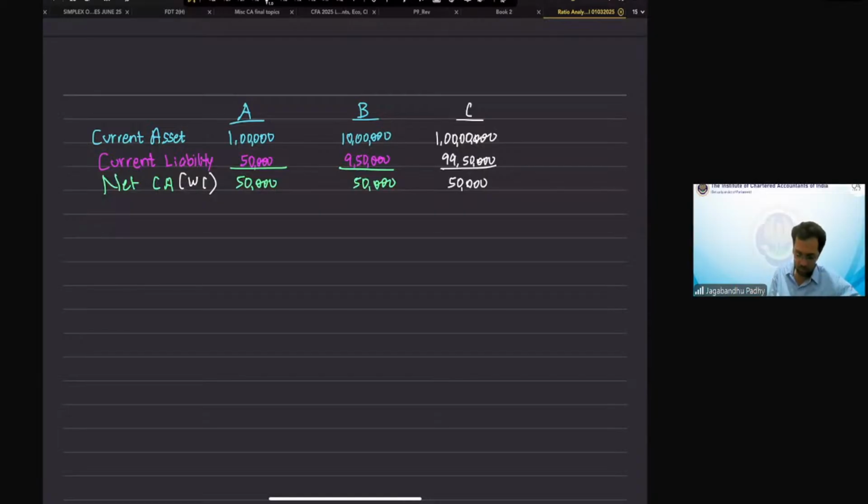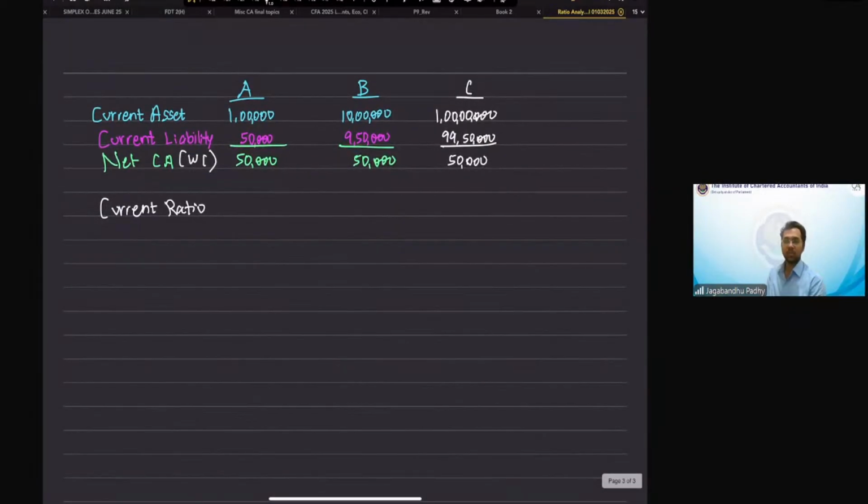Rather, we should calculate something called the current ratio to decide which of the companies is more capable. Current ratio is calculated as current asset upon current liabilities.